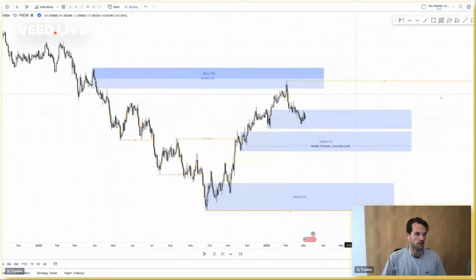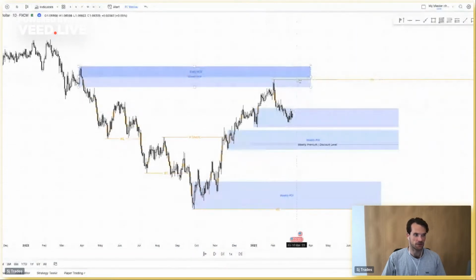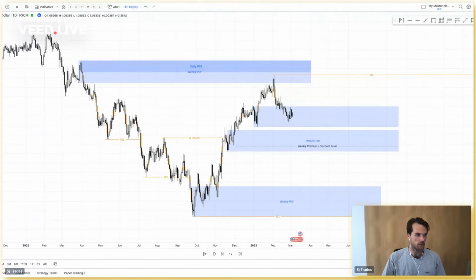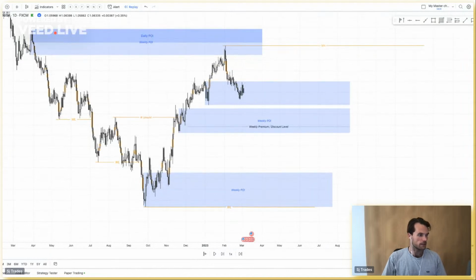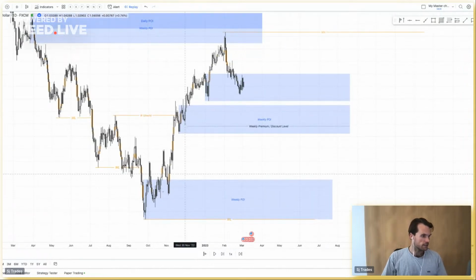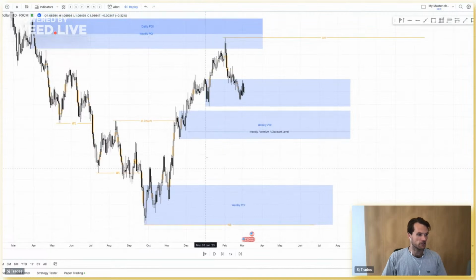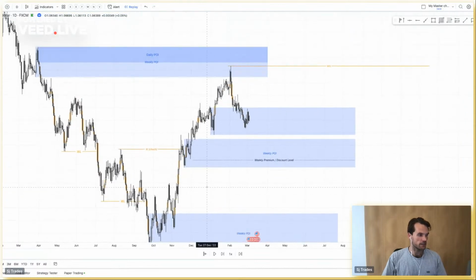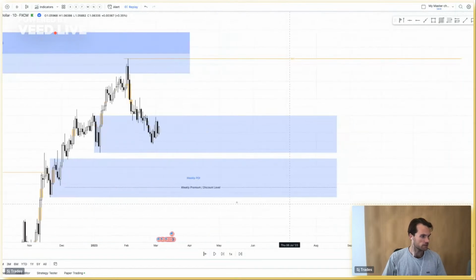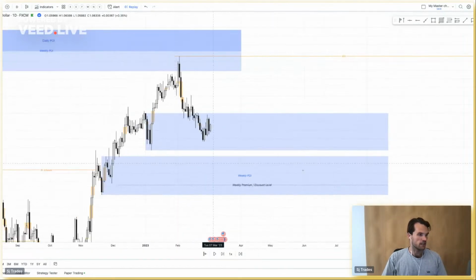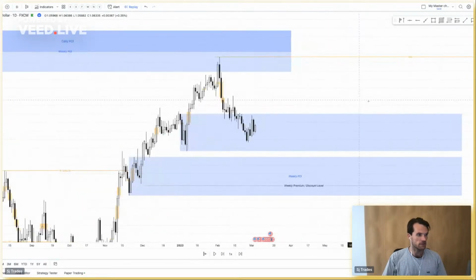I like to have that on because it's easy, once we work past that, that's when we get the bigger pullback. But we had a really nice rejection out of there. So in terms of daily, probably not going to mark up anything down here yet. It's so far away, it's not really relevant. And even in here, it's not really that relevant.